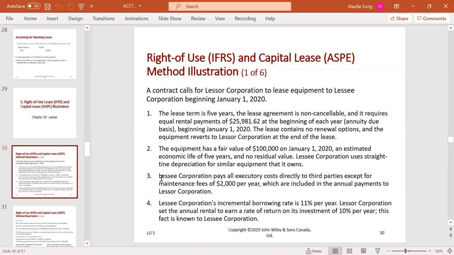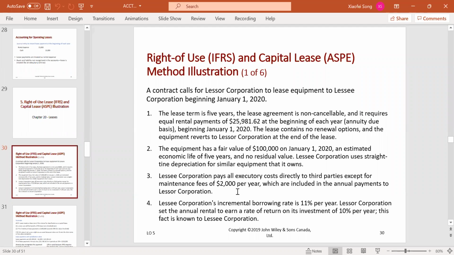Lessee Corporation uses straight line depreciation for similar equipment that it owns. Lessee Corporation pays all executory costs directly to third parties, except for maintenance fees of $2,000 per year. So the lessee would pay for insurance, for instance, but it's paid directly to the insurance company. For the maintenance, this fee will go to the lessor.